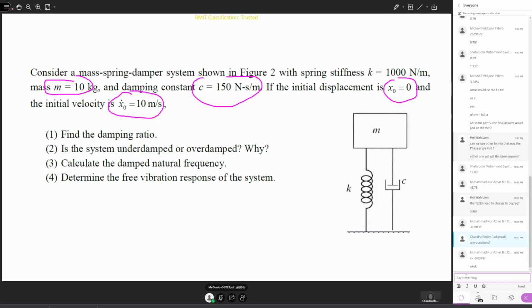To calculate the damping ratio, you need to calculate the critical damping constant Cc. The formula is 2 square root of Km. So you can get Cc, the critical damping constant. Once you know that, you can calculate the damping ratio, C over Cc. Guys, can you tell me your answer for the damping ratio?